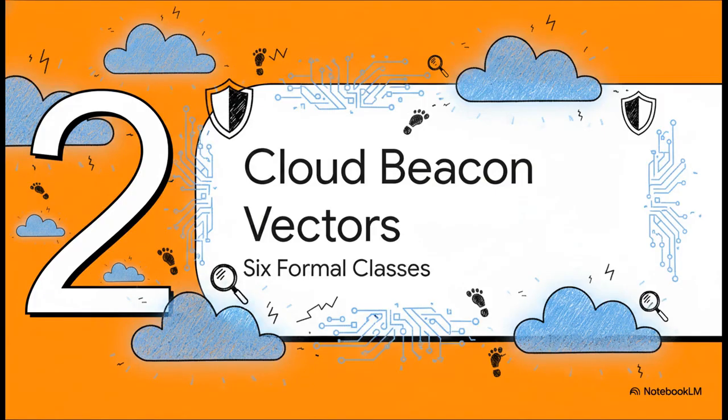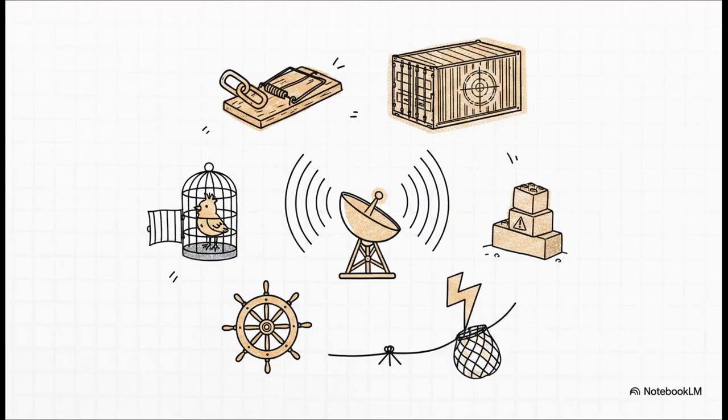Which leads us perfectly into Part 2, 6 cloud beacon vectors. Look, if the attackers have completely changed up their methods to steal cloud infrastructure credentials, we've got to change our tools, right? We need new types of digital traps, basically cloud-native fingerprints, that we can strategically scatter across our environments to catch them red-handed. And this is where the CloudBurst framework comes in.